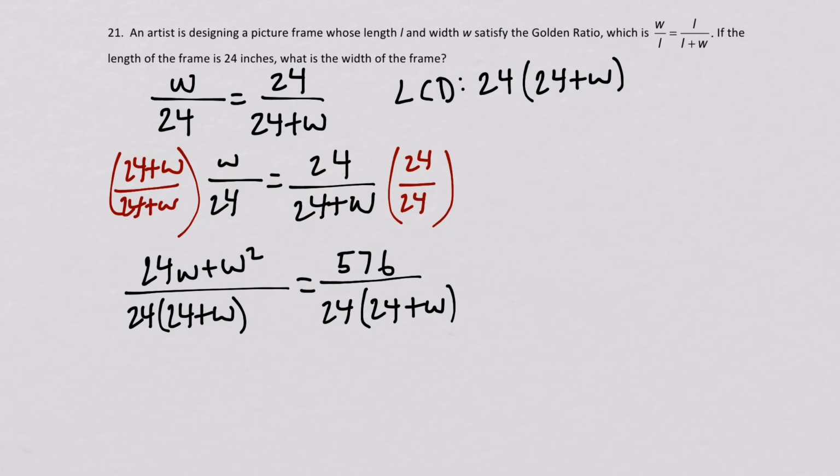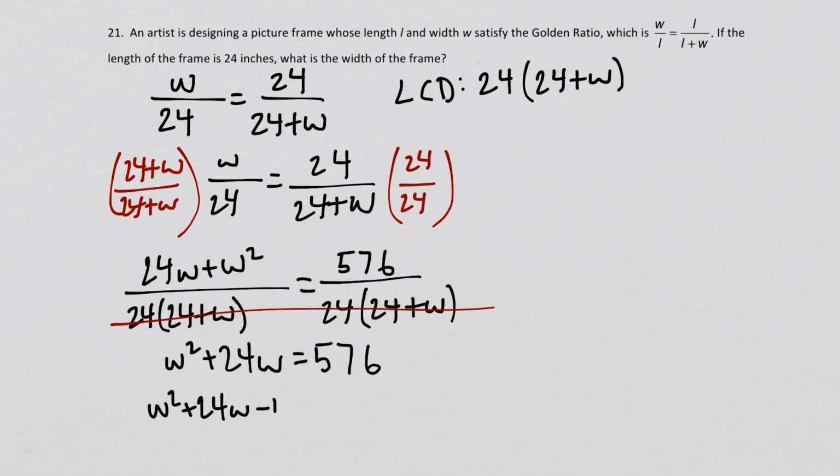Because now the denominators are the same, I can cancel them out, leaving me with, I'm going to put it in standard form, w squared plus 24w equals 576. Move the 576 by subtracting it, so you're going to get w squared plus 24w minus 576 equals 0.